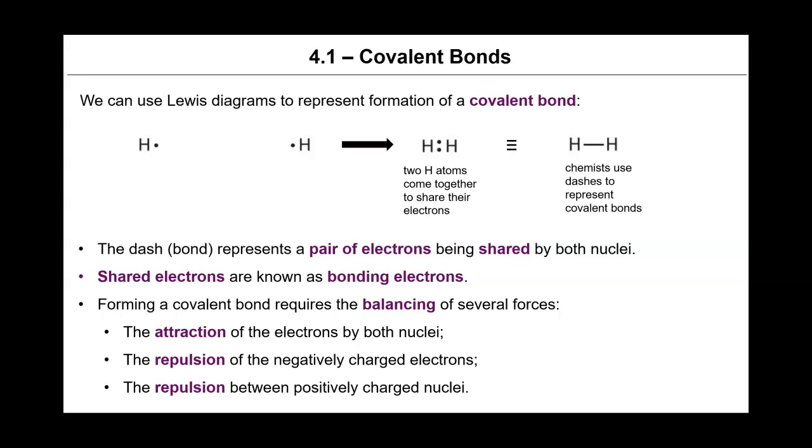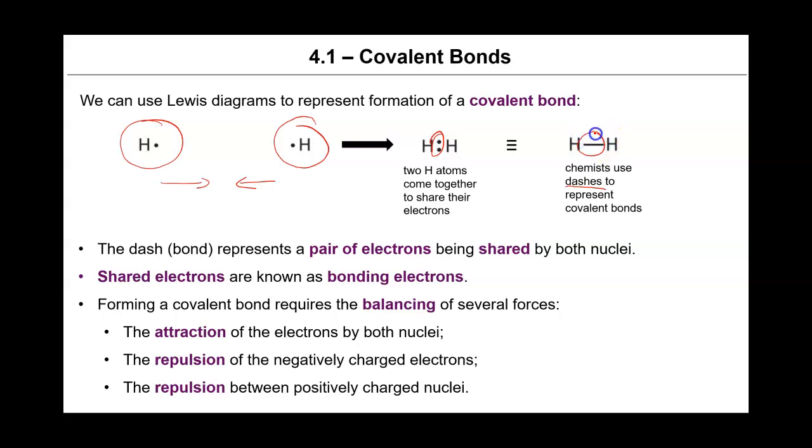So we can use Lewis symbols to represent the formation of the covalent bond in the H2 molecule. Here's our first hydrogen atom, here's our second one, and now they come together and share their 1 valence electron. It's really common that chemists will use a dash, a solid line, between the 2 atoms that are connected via a covalent bond.